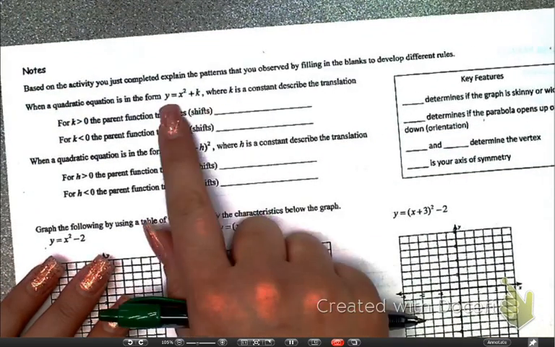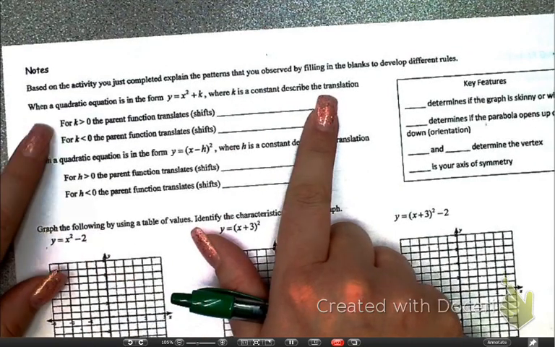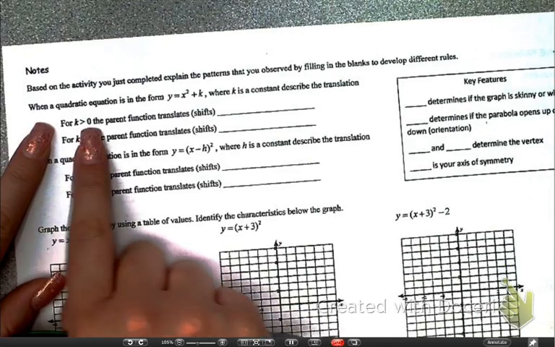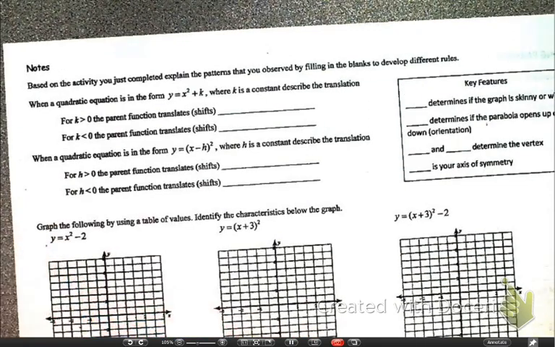Okay? So when it was y equals x squared plus k, where k is a constant, which just means a number, describe the translation. If k is greater than 0, the parent function translates which direction? If you have to look back, when k was greater than 0, so you had a plus something, which way did you shift?